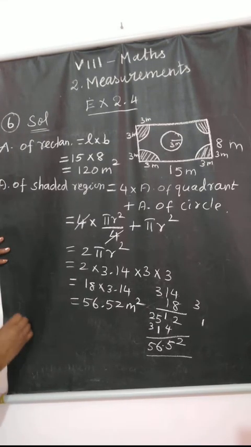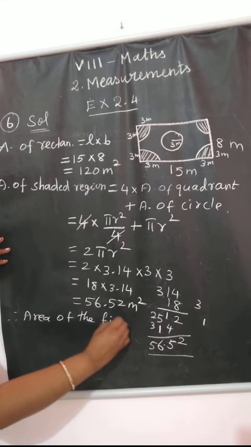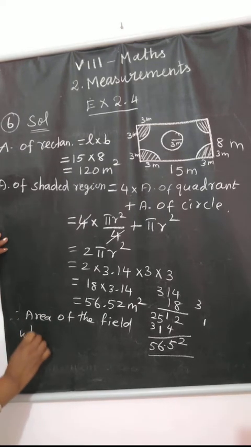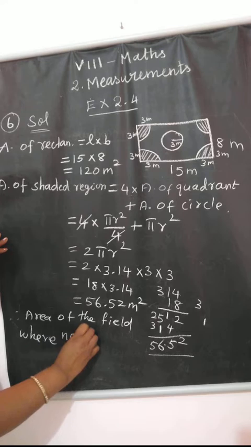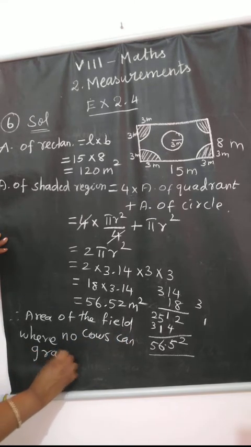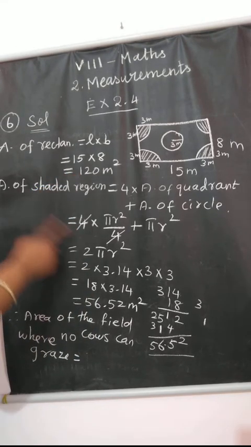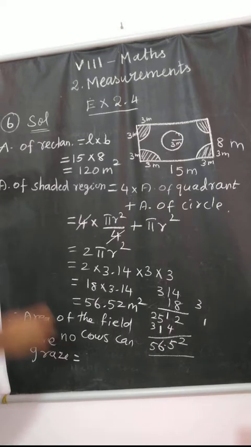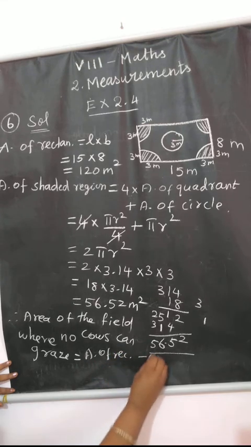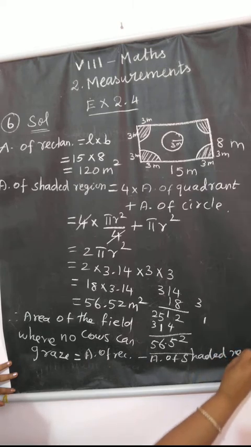So, final area of the field where no cows can graze is equal to, so subtract the value from area of rectangle minus area of shaded region. Area of rectangle minus area of shaded region.